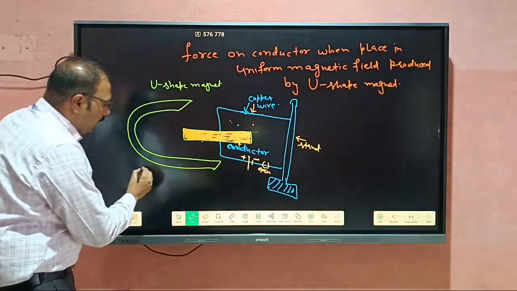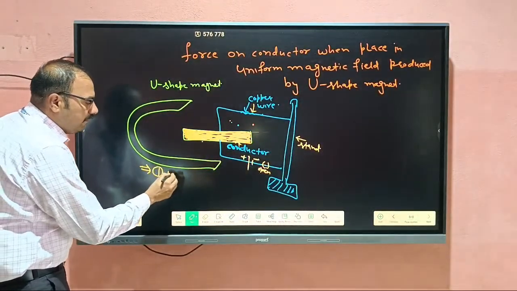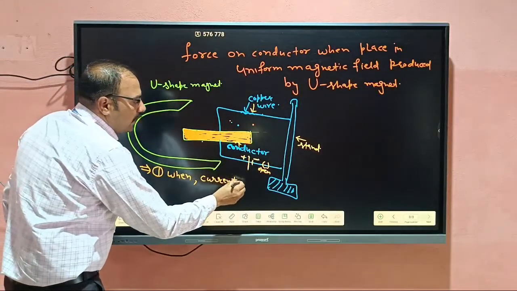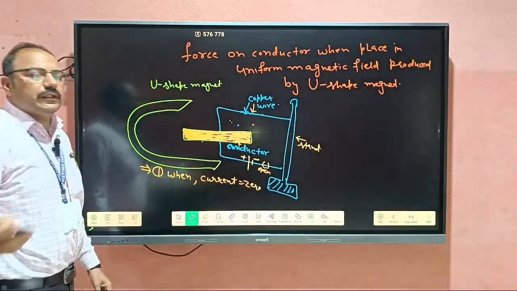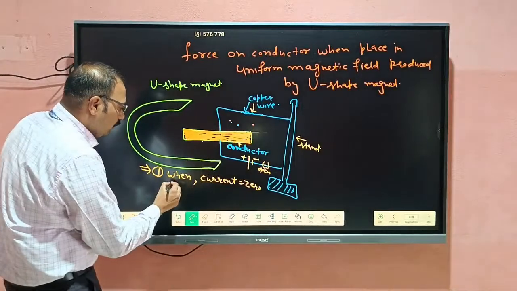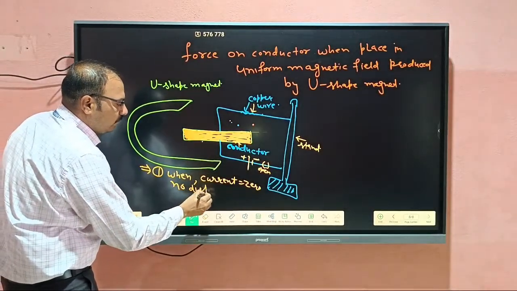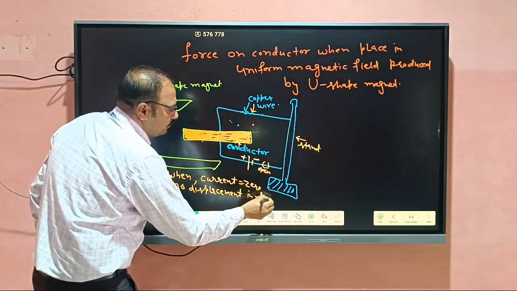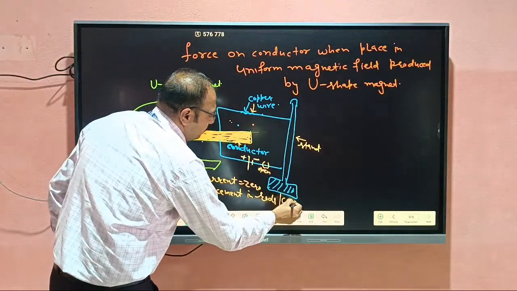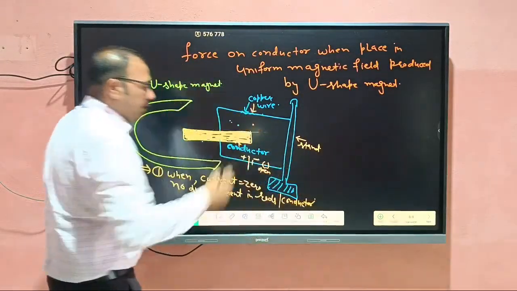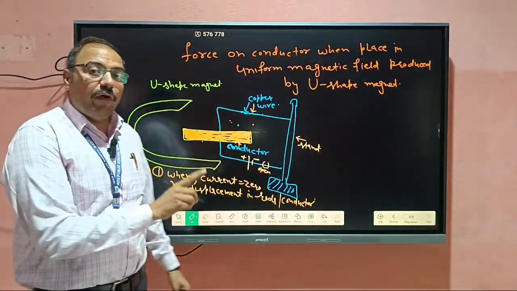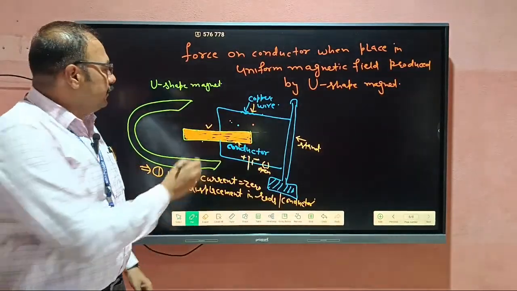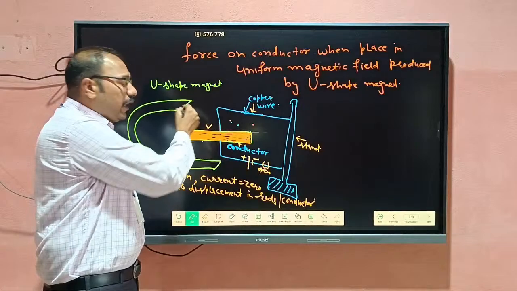So first we write the first case: when current is 0, 0 means the circuit is open, so there is no displacement in the rod or conductor. So this is the first point. When the circuit is open, no current flows in the circuit, then the position of the rod is not affected. This is the middle, the center of the U-shaped magnet.